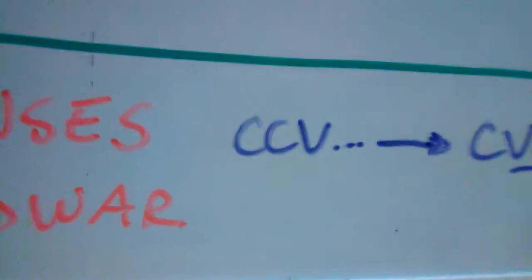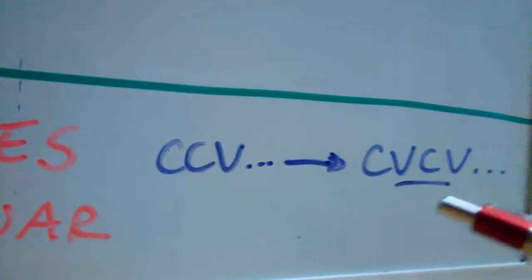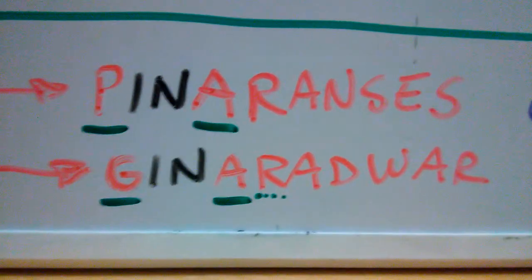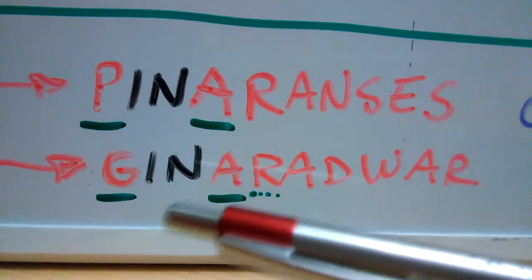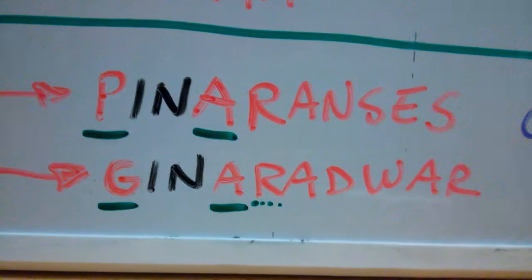With the consonant cluster, we have to split the two consonants up so we can make it into this consonant-vowel harmony. How do we do that? Well, we split up the ga and the ra that were together in graduar, to graduate.